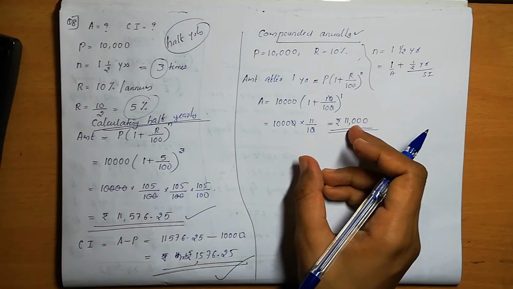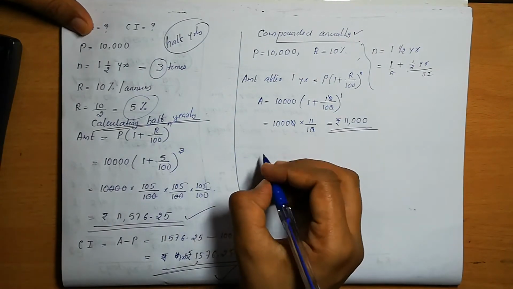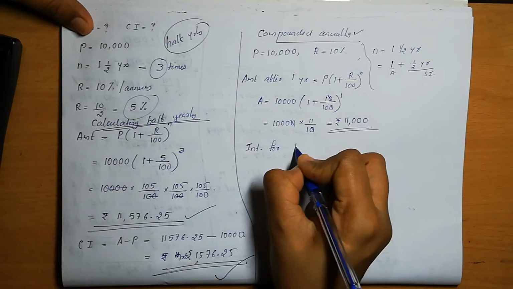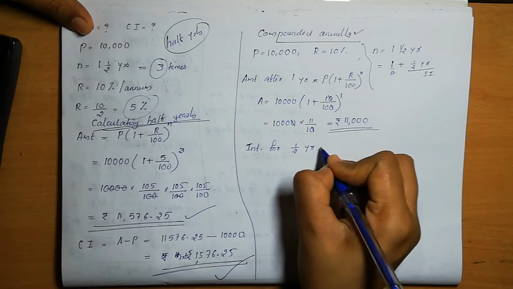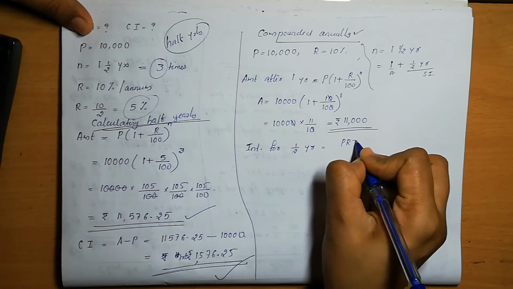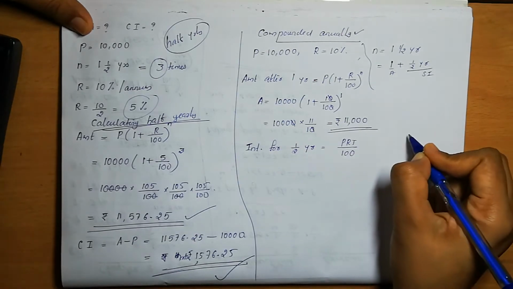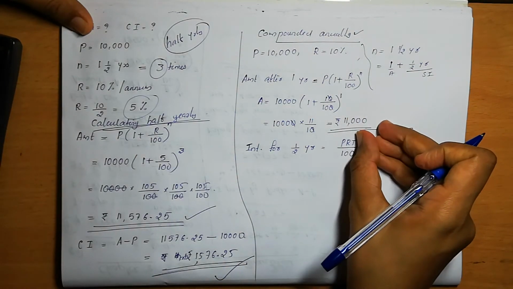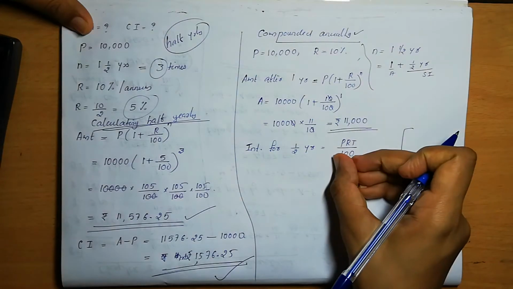So what do we need to find? We need to find the interest for half year, right? So the interest for half year is equal to, we use the PRT by 100 formula. In this case, the amount at the end of 1 year will be the new principal, right?